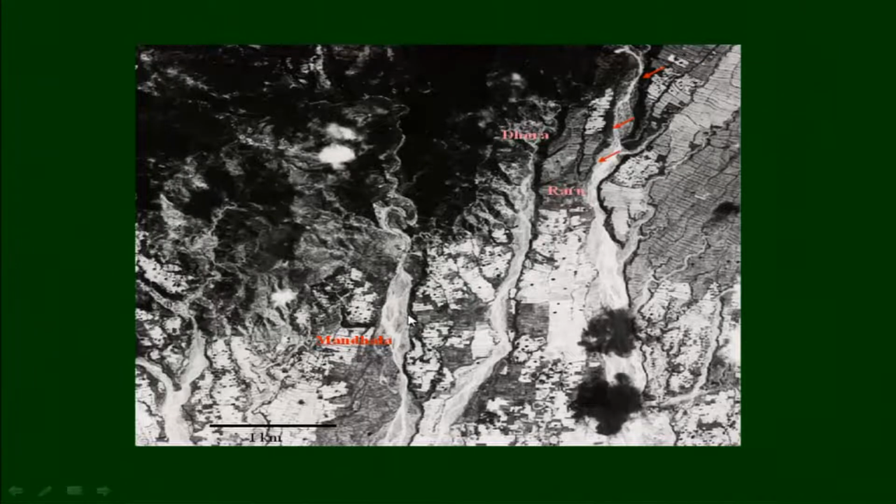So the arrow shows the location of faults or fault scarps, we can say. So this side is down, this side is up, and the arrow shows the direction of tilting. So this is back tilted.